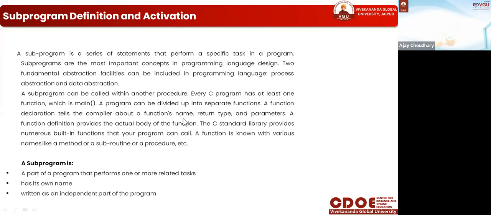First we write the function name for the subprogram. Then we define the return type if we require it, and any other parameters. We fulfill that first, then we write the function definition, which provides the actual body of the function.